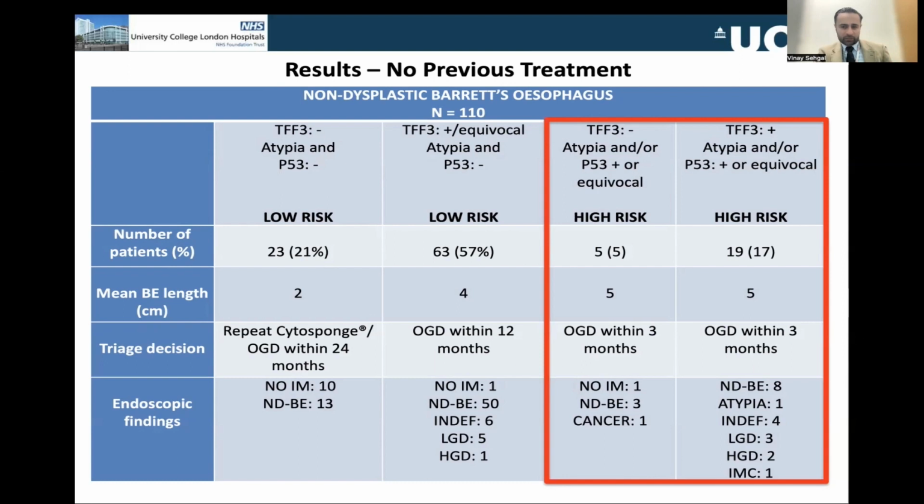If we delve into this in further detail, we can see that in the 5 patients that had low-grade dysplasia, 4 of these patients previously had historical biopsy evidence of low-grade dysplasia. And in the one new case of high-grade dysplasia, which was a true high-grade dysplasia, this patient had a long segment of Barrett's with a positive family history for esophageal adenocarcinoma, which raises the question as to whether these factors should be incorporated into our decision-making tool.